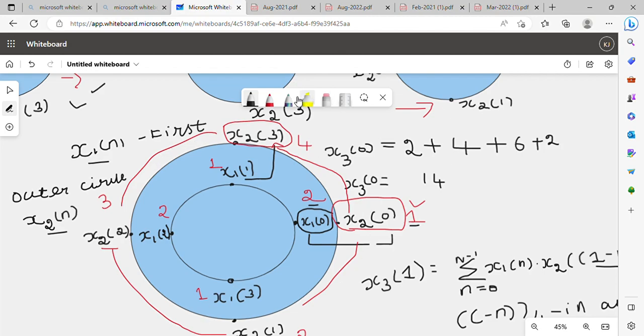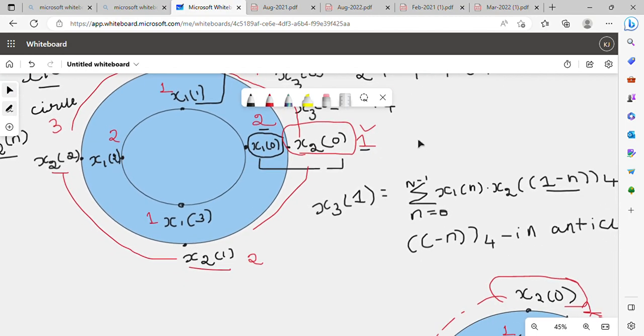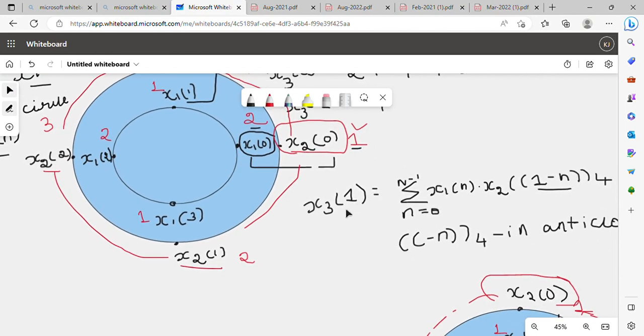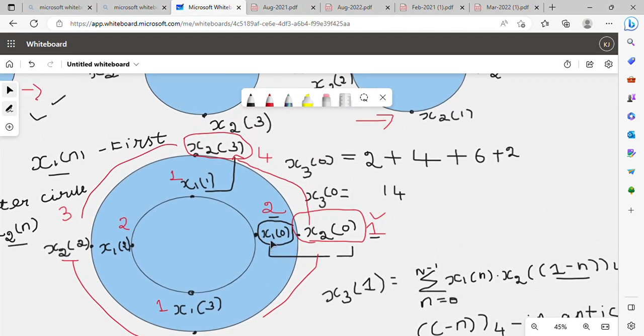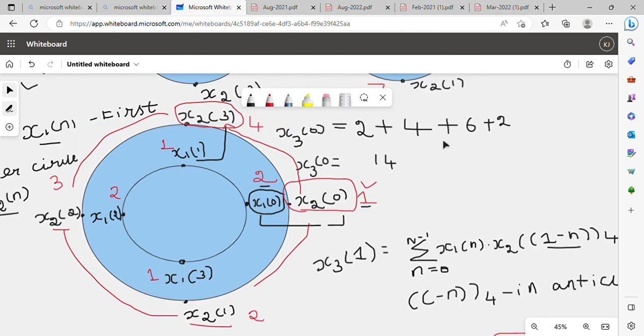So now how to find x3 of 0 and x3 of 1 and so on? You are going to multiply this pair, this pair, this pair, as well as this pair, and add them together. That is, this pair multiplication will result in 2 and this pair in 4, this pair in 6 and this pair in 2, wherein you are going to get 14.